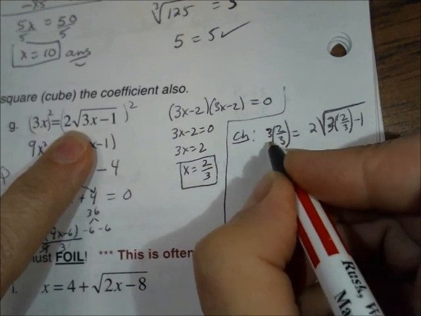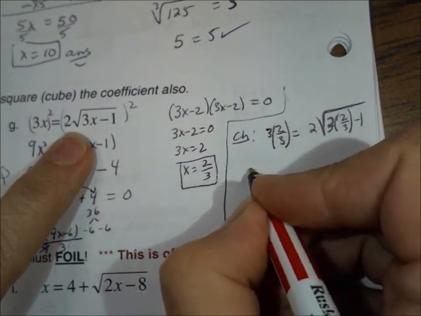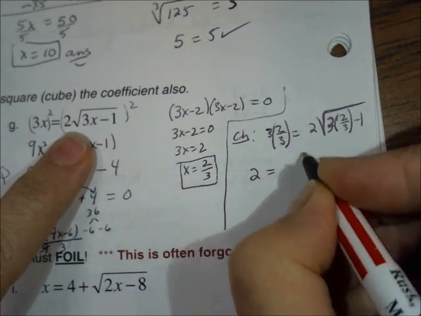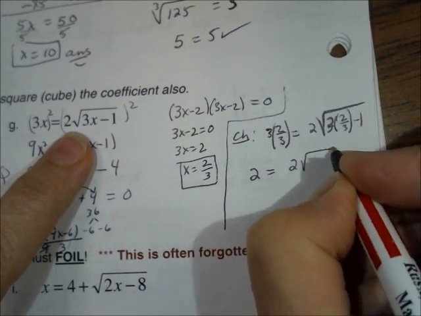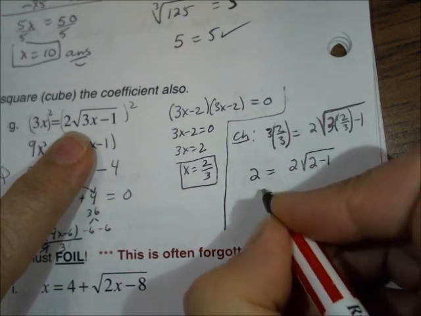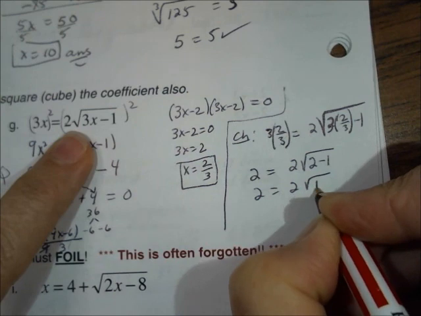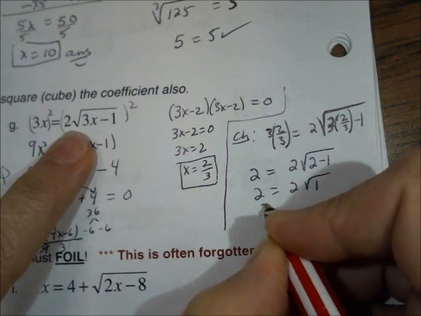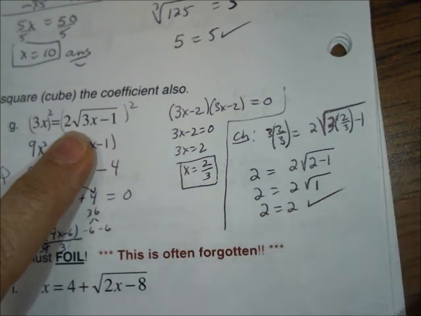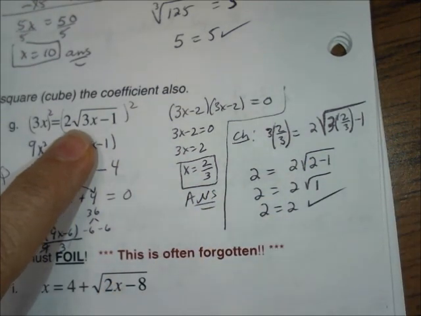Well, 3 times 2/3, you can do your calculator, or you just can cancel those 3's out. So this says 2 is equal to 2 times the square root of 2 minus 1. So 2 equals 2 times the square root of 1, and the square root of 1 is just 1. So 2 equals 2, and that checks. So 2/3 is the answer. That one was kind of tricky.